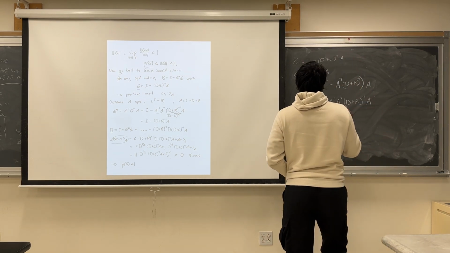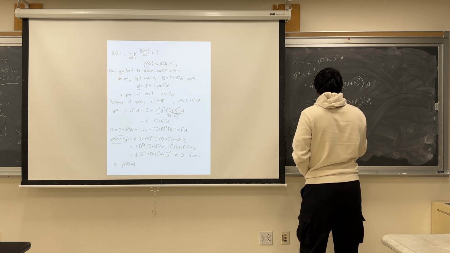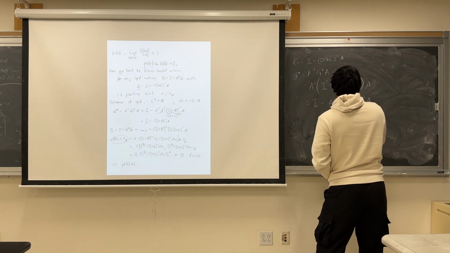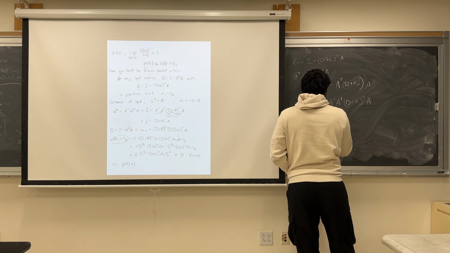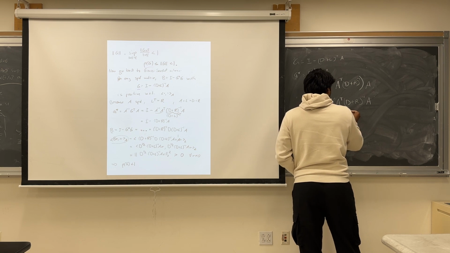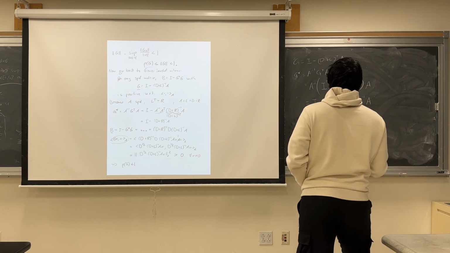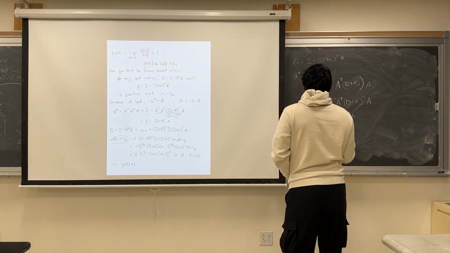And because A is an SPD, A transpose is equal to A, so this gets cancelled. So this is identity minus D plus R inverse times A. That's just my G star. And now let me plug G star in.